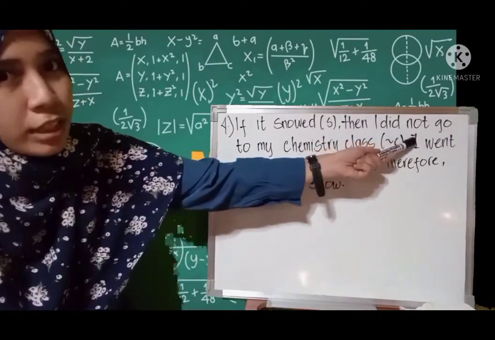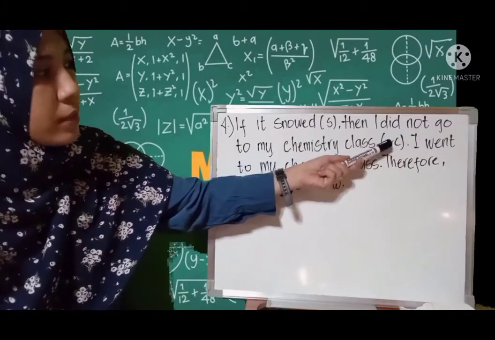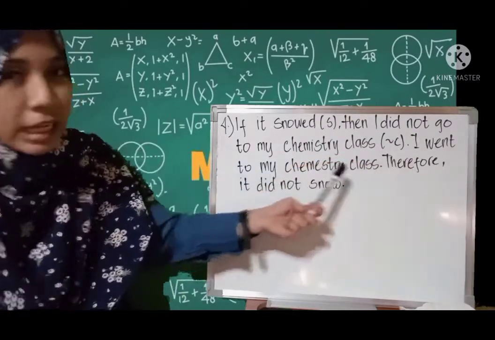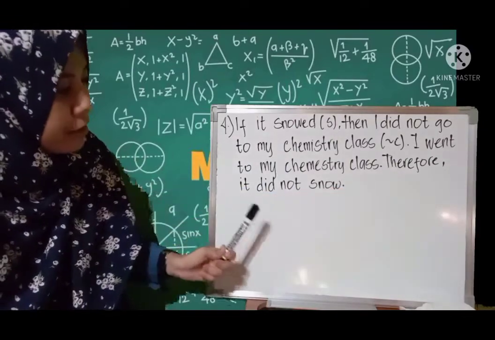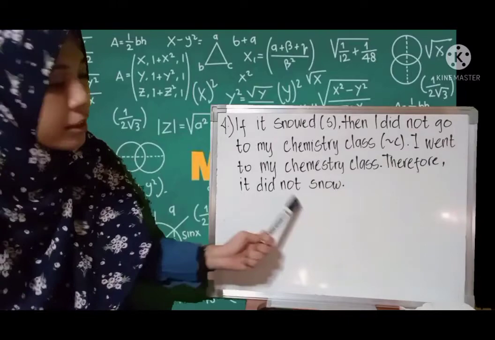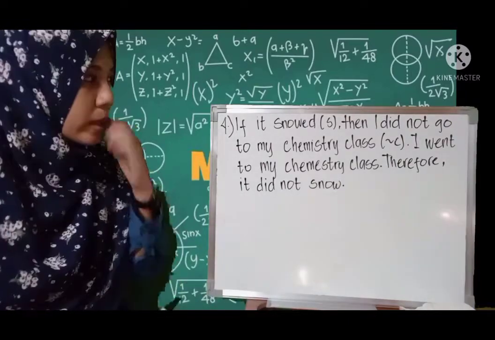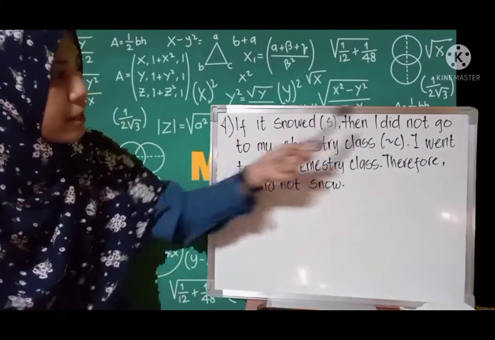Represent ng class is C, because I did not go. So, ginamit niya yung did not. Then, kailangan niya magamit dito yung negation C. I went to my chemistry class. Therefore, it did not snow. So, paano to?